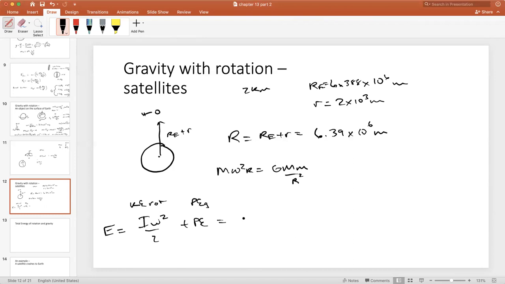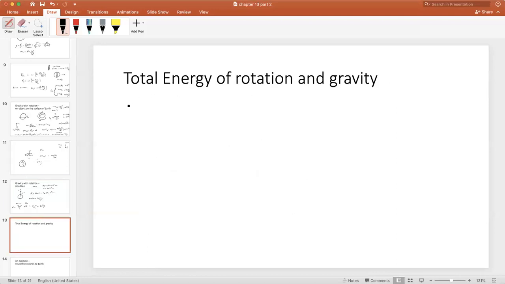And that potential energy of gravity is minus G M m over r. So this is our total energy of rotation and gravity at any time.